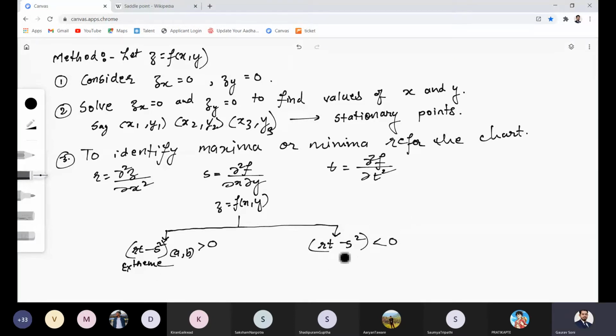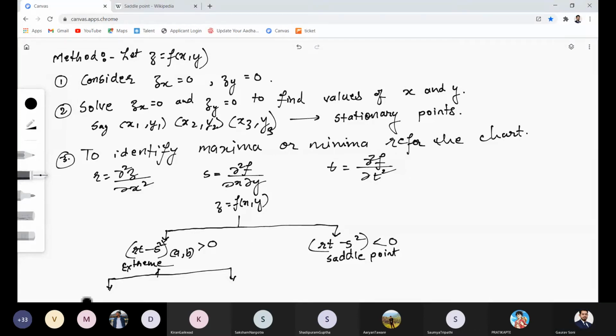If it is less than 0, then it is a saddle point. And in the case where I have declared that it is an extreme value, then I will look at r.